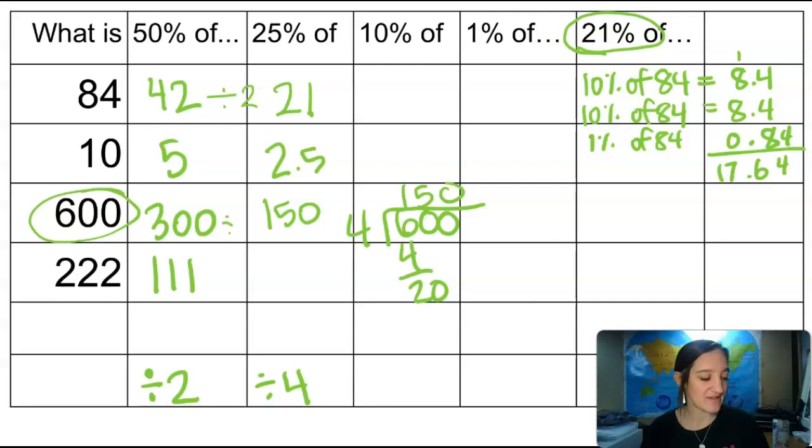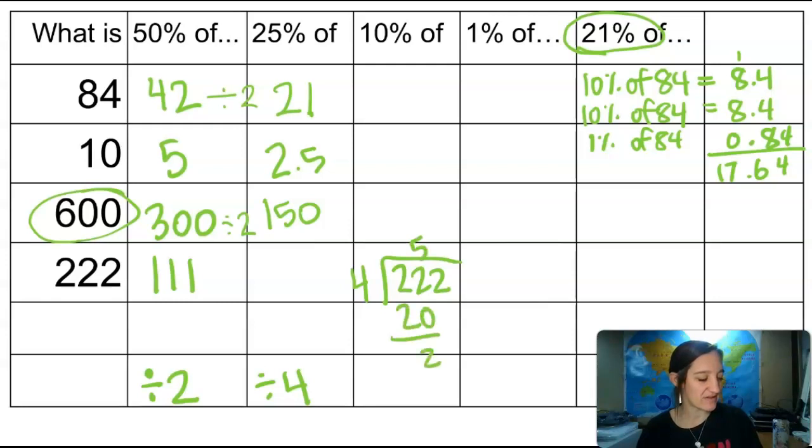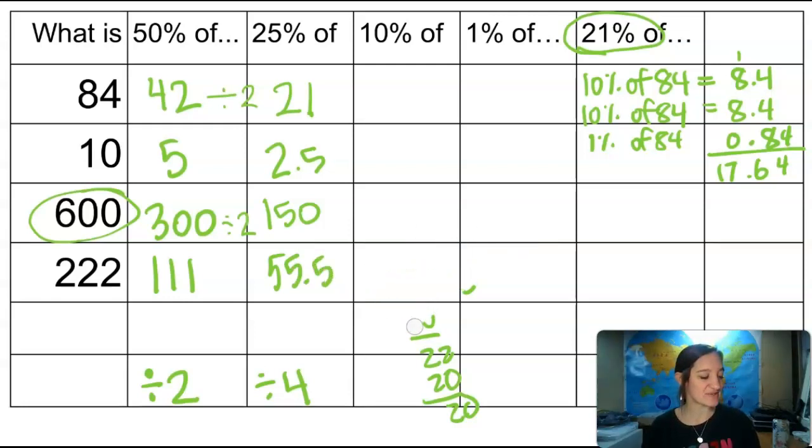Okay, which you notice is also half of 300. Either way you do it, as long as you are finding 25%, it's fine. Ooh, what is half of 111? I don't know. Let's figure it out. That's going to be 55.5. Cool.